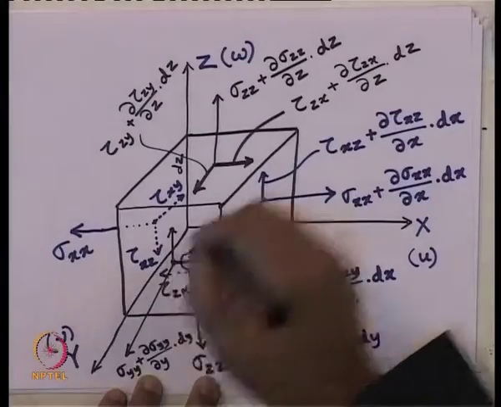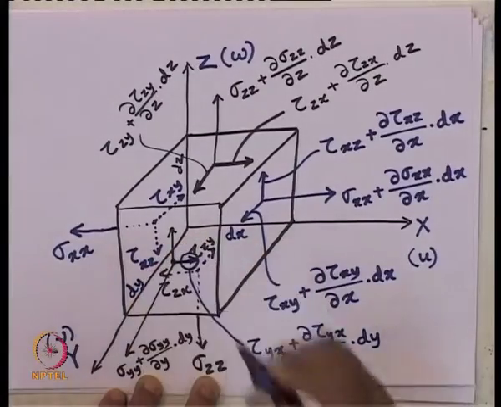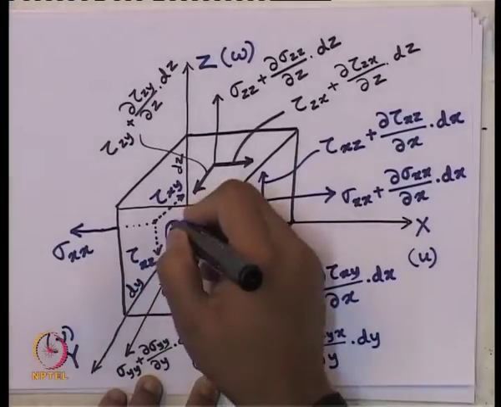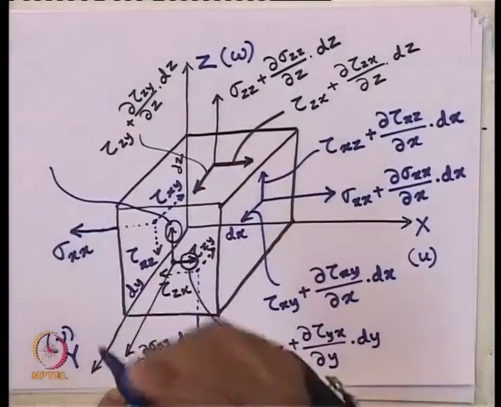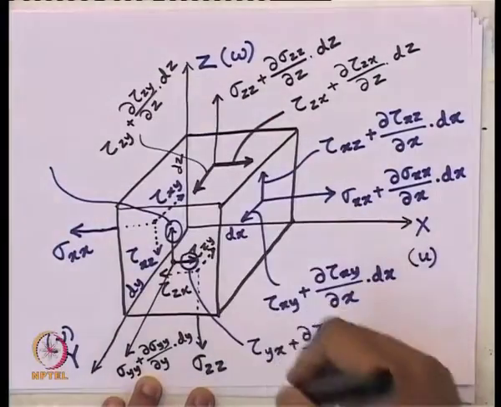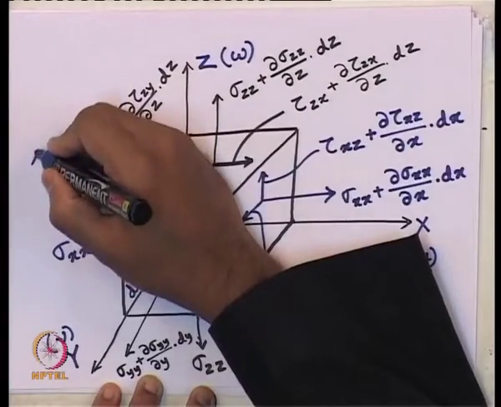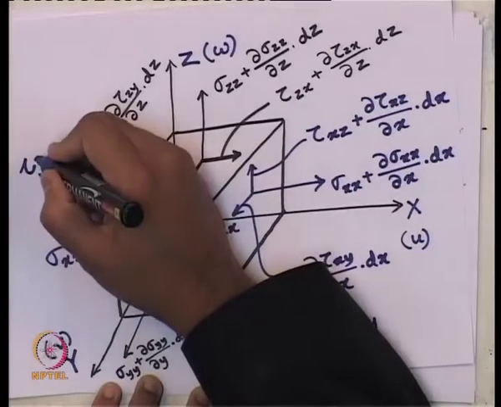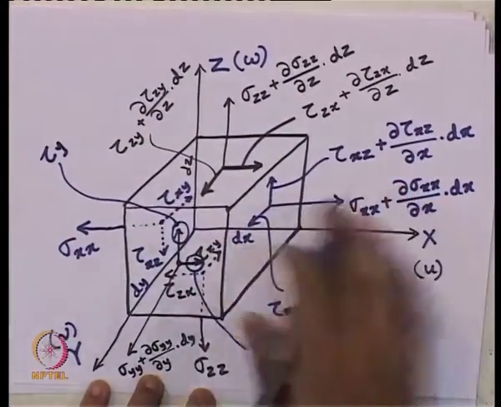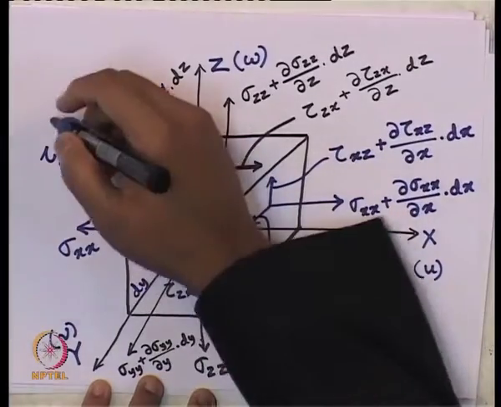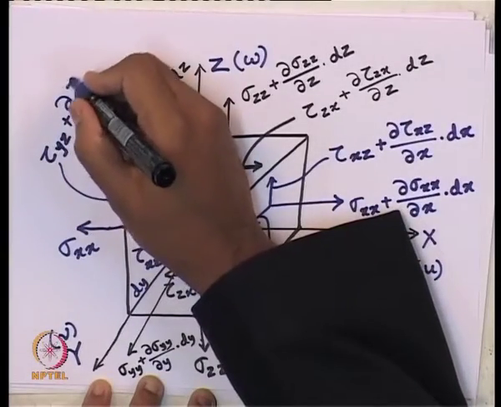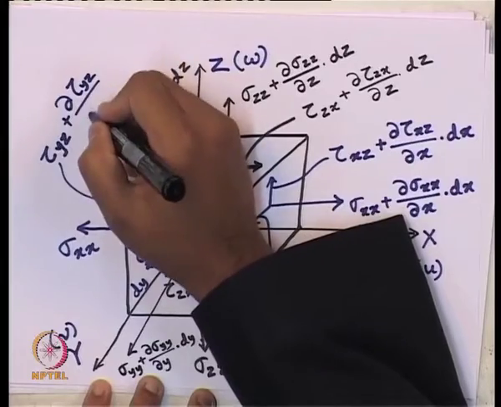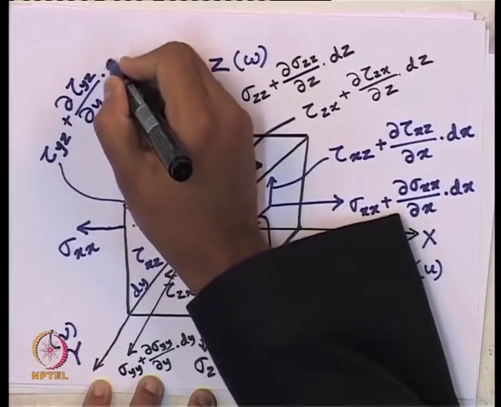So, dy is this distance actually, and this force will be tau on y plane in z direction plus del tau y z by del y into dy.